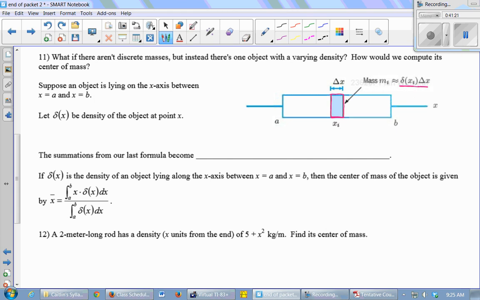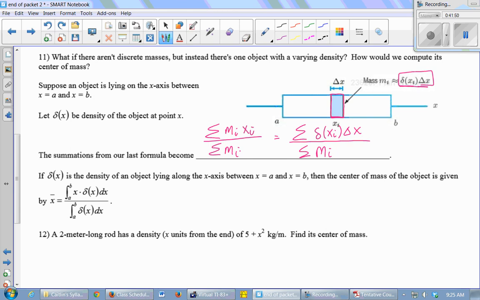My summation formula becomes the sum of mi xi over the sum of the mi's. It's the formula we were just using. But then my mi's translate to this formula.